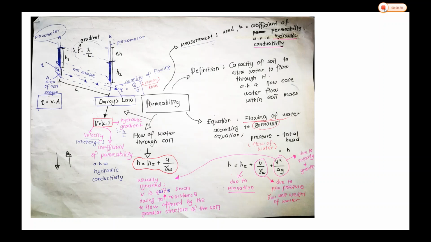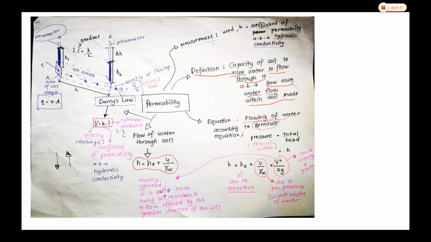So what is the permeability? So permeability, first kita tengok dia punya definition, okay? The capacity of soil to allow water to flow through it, or how is water flow within soil mass. Maknanya once water infiltrate masuk dalam tanah and then dia akan flowing dalam tanah and supposedly dia akan keluar semula.